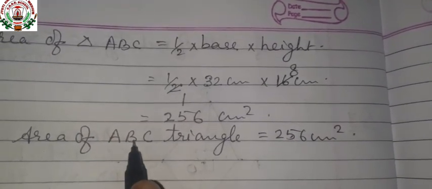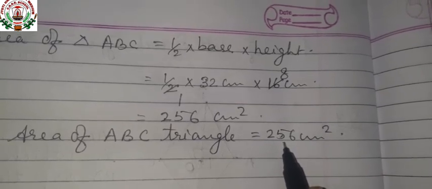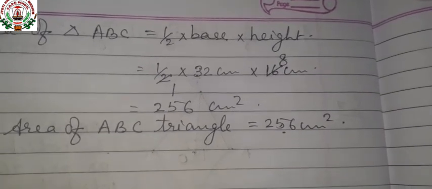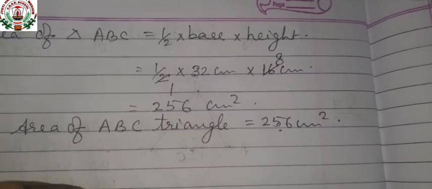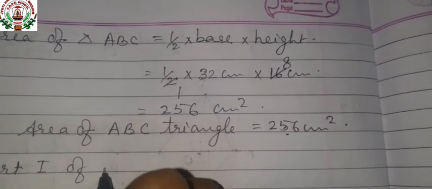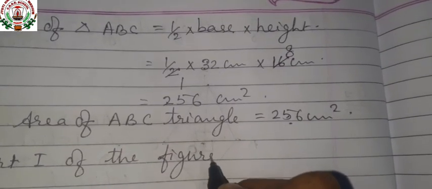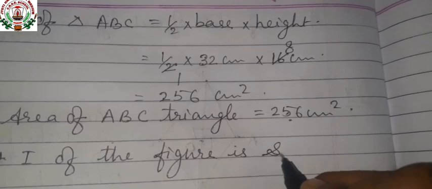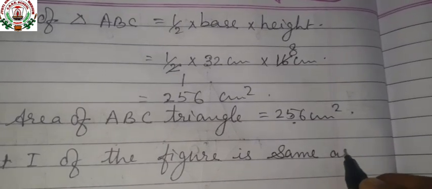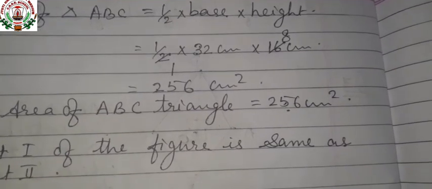This triangle ABC is of one color, so this color we got, or you can write part 2 we got this one. Part 1, you can write part 1 of the figure is same as part 2, right?